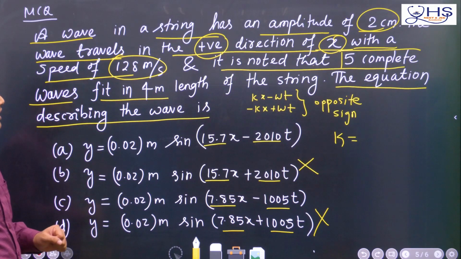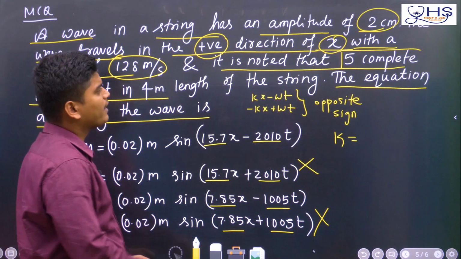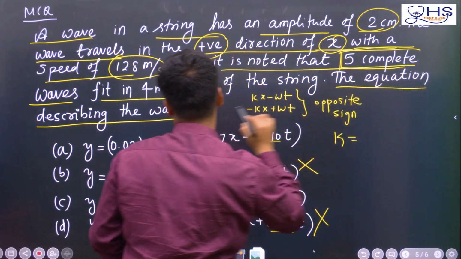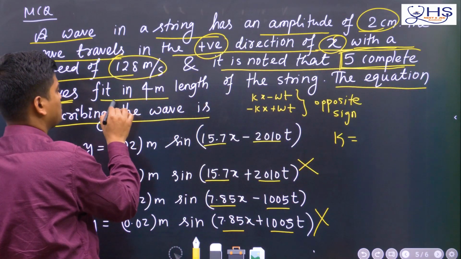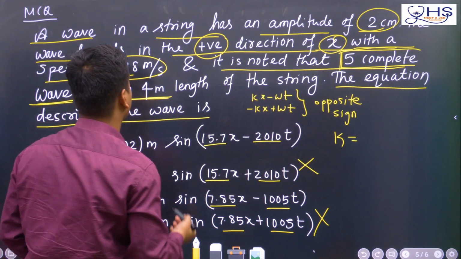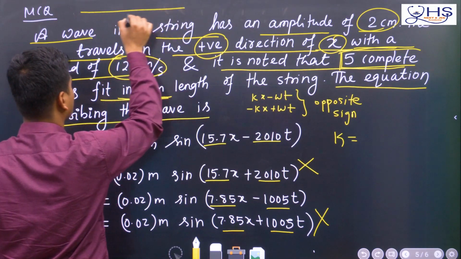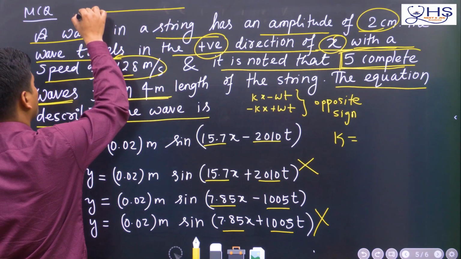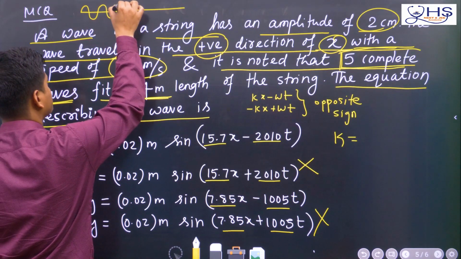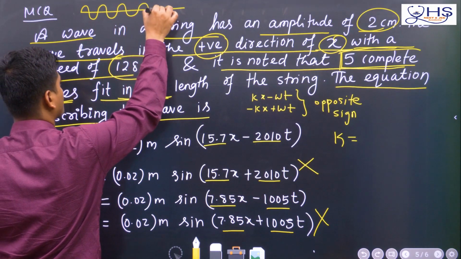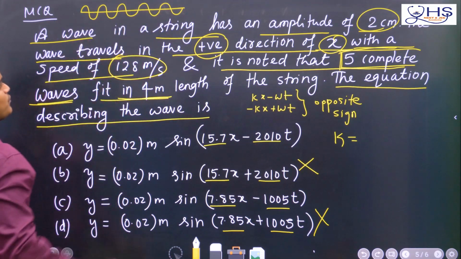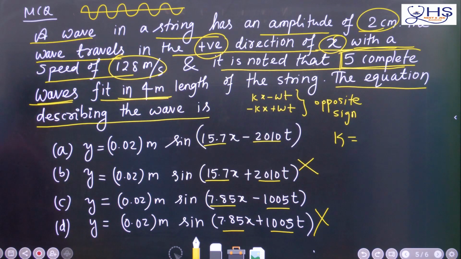Now for k, they have given some hints here: 5 complete waves fit in 4 meter length of the string. That means in this 4 meter length, how many waves are there? 5 waves are there. So 1, 2, 3, 4, 5. So in 4 meter length 5 waves are there.